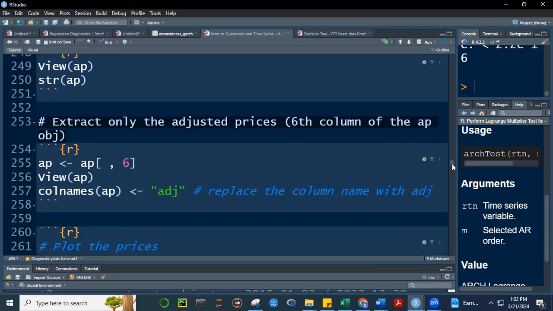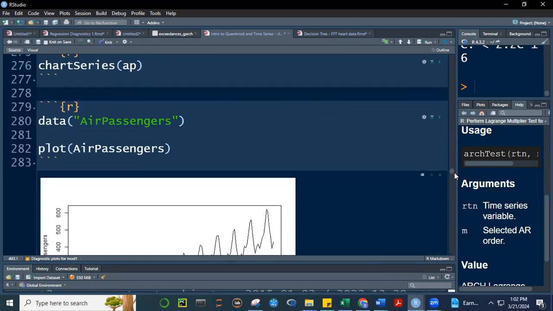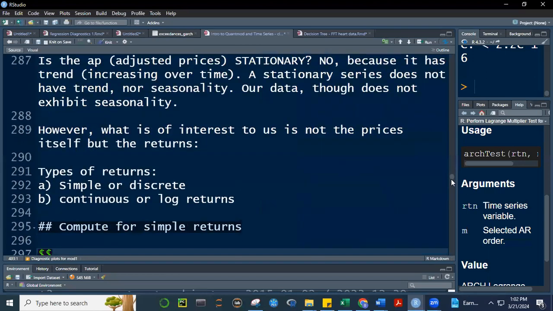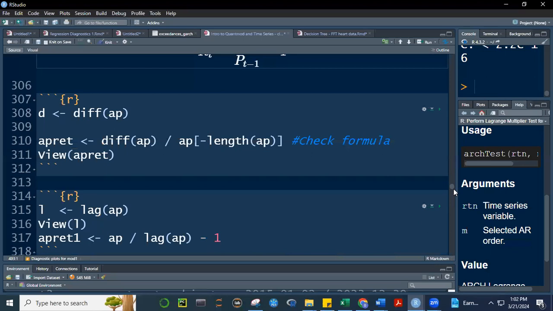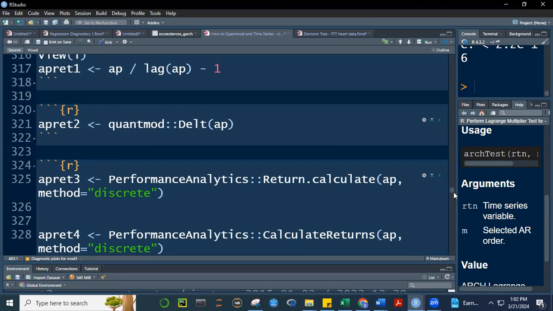And then after that we got the returns, the log returns. So we looked at several ways to get the log returns, and the easiest is, of course, you can either use the return.calculate or calculate returns from the PerformanceAnalytics package.